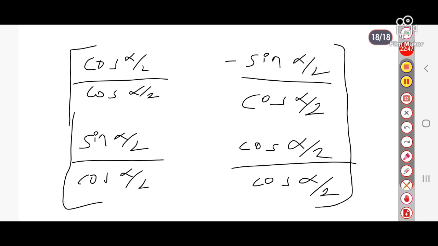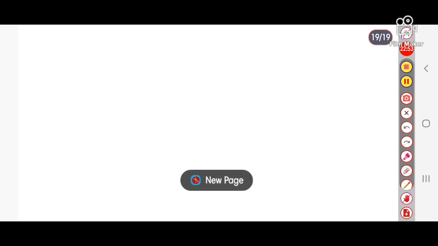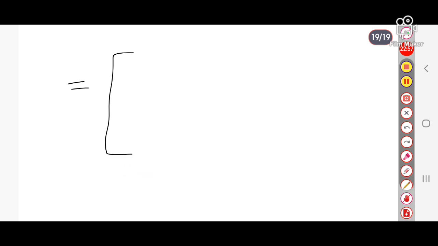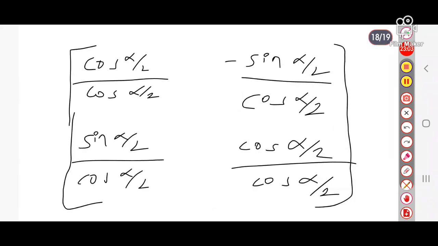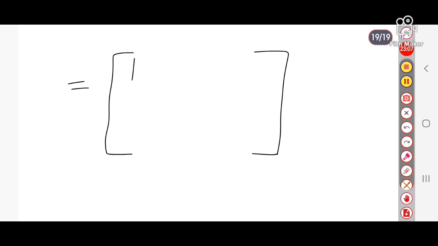Again this value yields as, yes, this one will give you the result as cos alpha by 2 by cos alpha by 2 will give you 1. And again this side, cos alpha by 2 plus cos alpha by 2 will give you again 1.